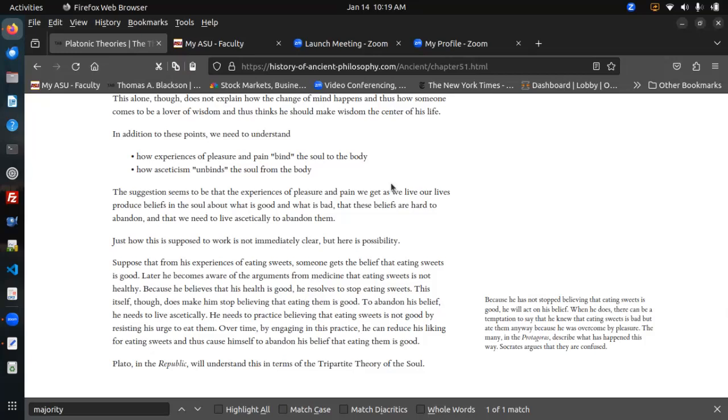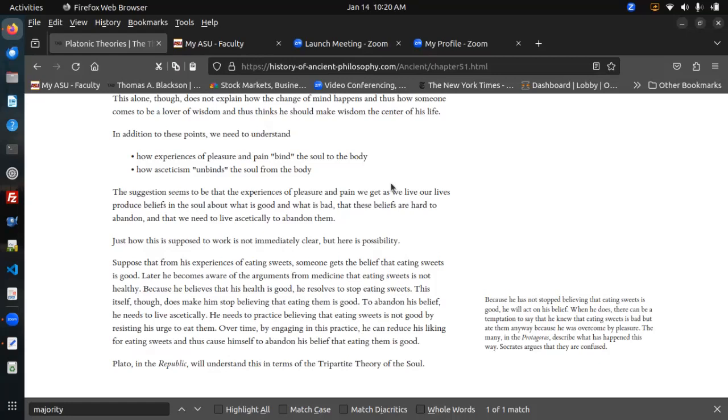So suppose that I grow up eating sweets, and from my experiences of eating them, I get the belief that eating them is good, right? And then later I become aware of the arguments from medicine that tell us that eating sweets is not healthy. Now, I believe that my health is good, so what do I do? I resolve to stop eating sweets. But this is not supposed to be enough for me to stop believing that eating them is good. To abandon the belief, I need to live ascetically, right?